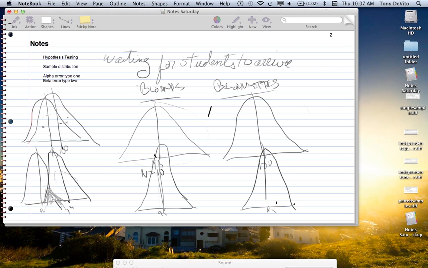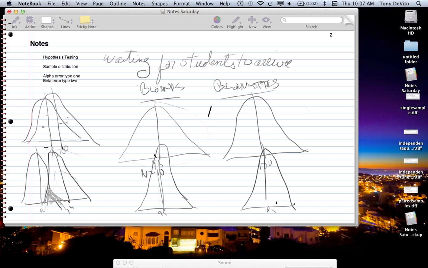It's only this end of that distribution, that proportion of that distribution. This is what we're really after. We're really after separating these into groups so that we can identify whether the means of the two populations, the two experimental groups, are really different from each other.